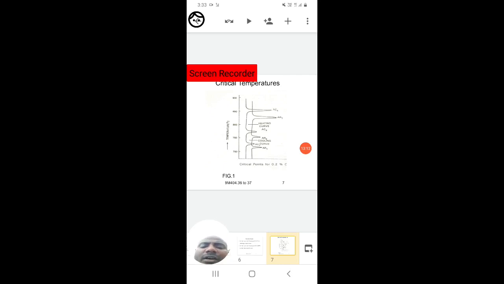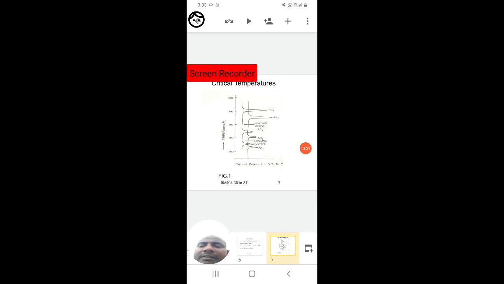By heating, AR1, AR2, AR3, and by cooling, AC1, AC2, AC3. So these are critical temperatures.